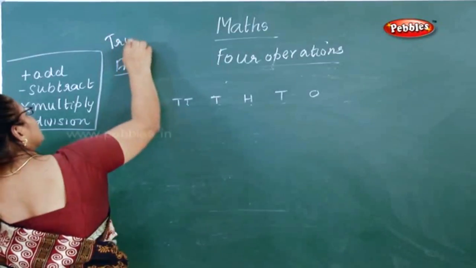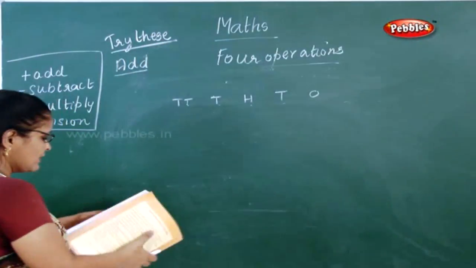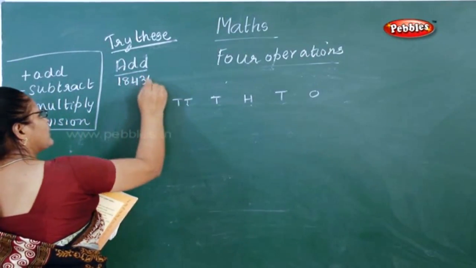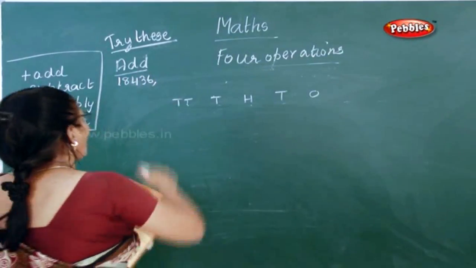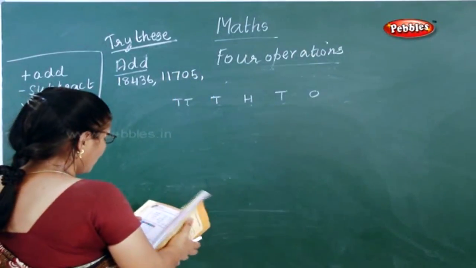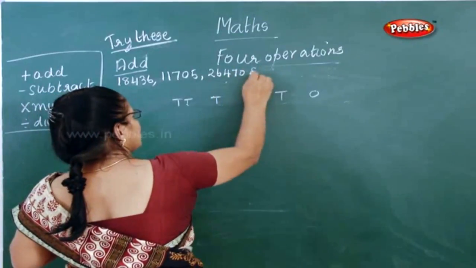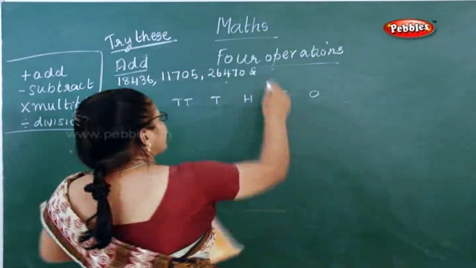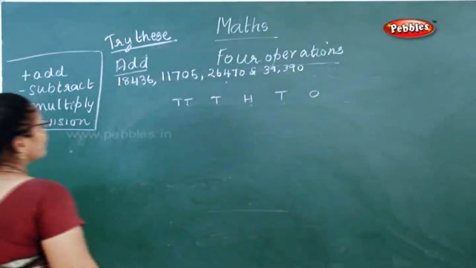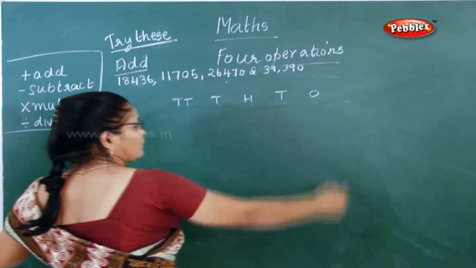Try these. Now in the first sum, 18436, 11705, 26470 and the last number is 39,390. Now how will you do it? You have to write like this: 10,000s, 1,000s, hundreds, tens, ones.